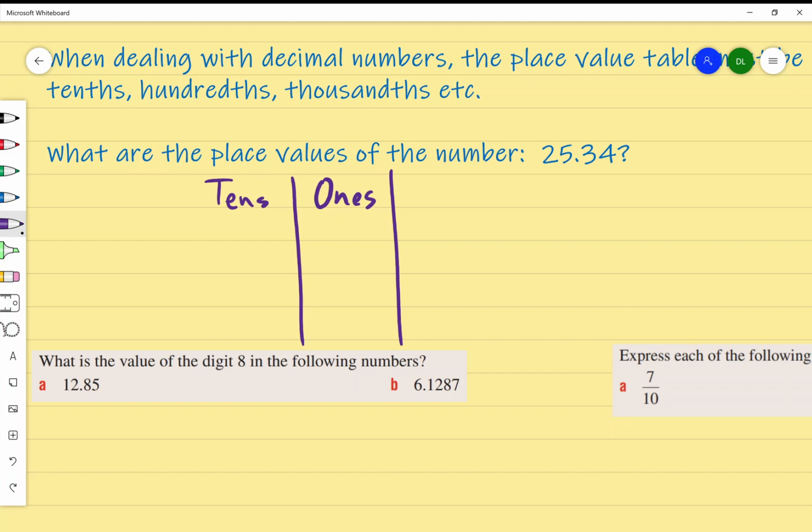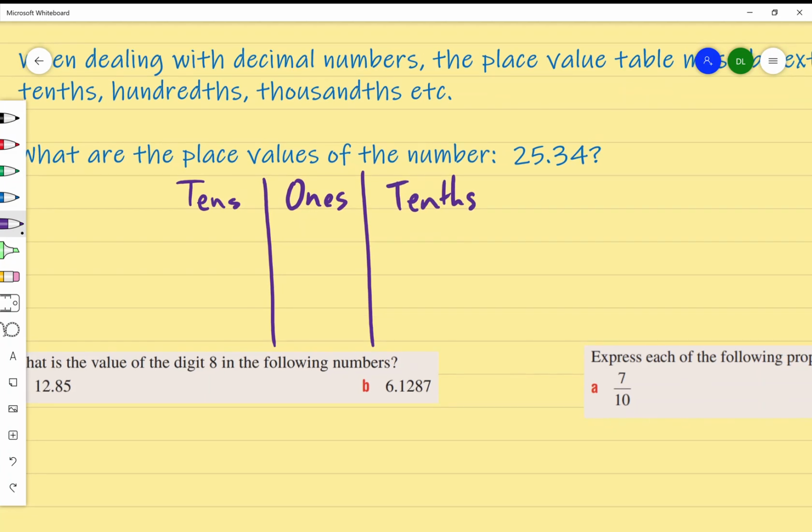Tenths. What's the one after the tenths? Hundredths. You have to say it like a snake, otherwise I will take off marks. You have to stick your tongue out like a snake.